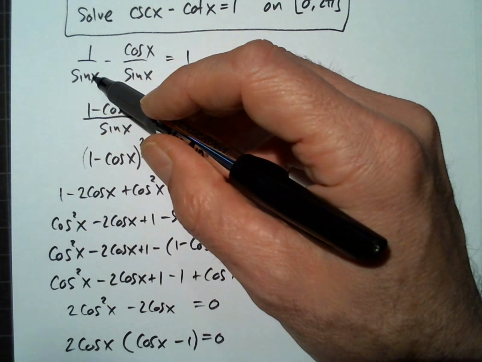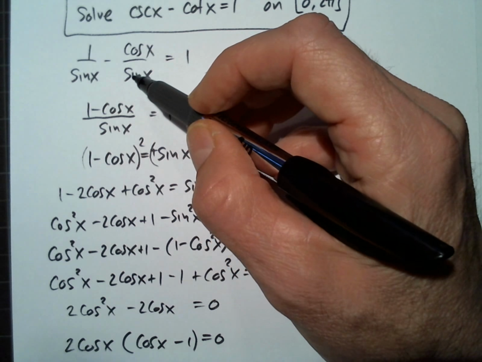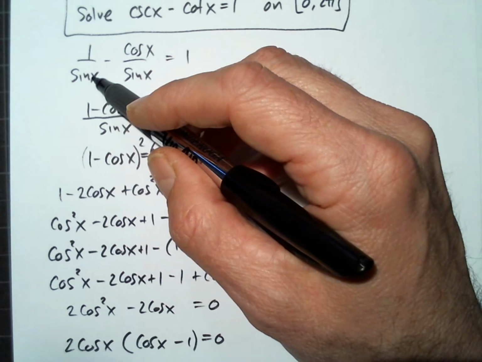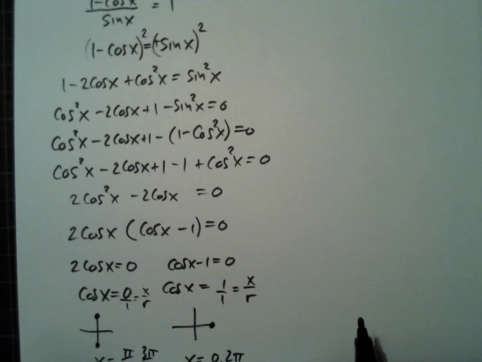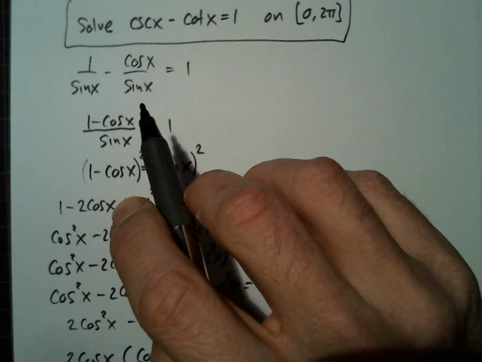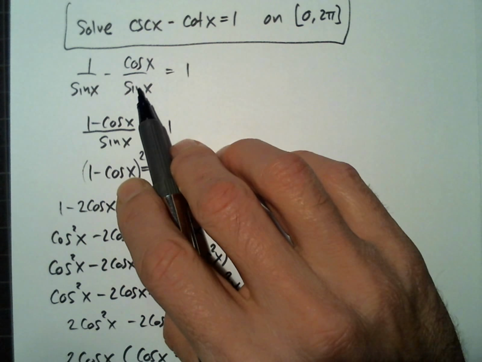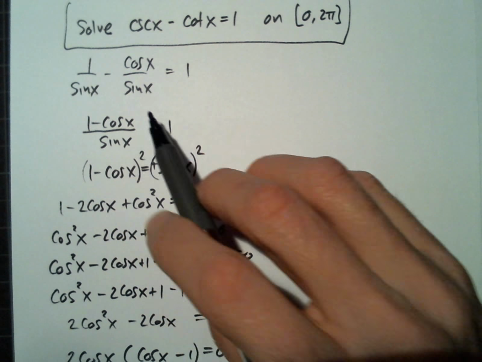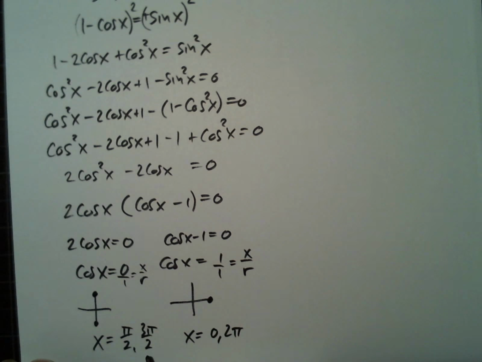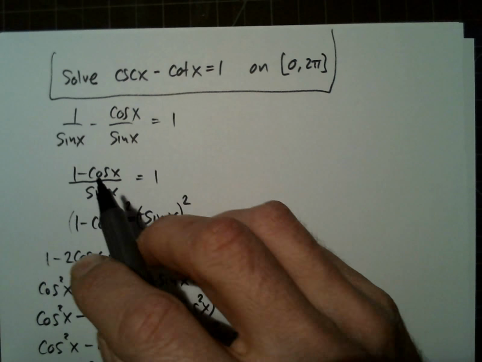But sine of 0 is 0, so when we check these solutions, if you put a 0 in for sine, it's going to be 0, and sine of 2 pi is 0. So that's going to give us division by 0, and they'll be undefined. So these are extraneous.